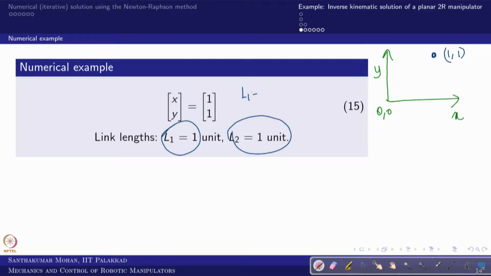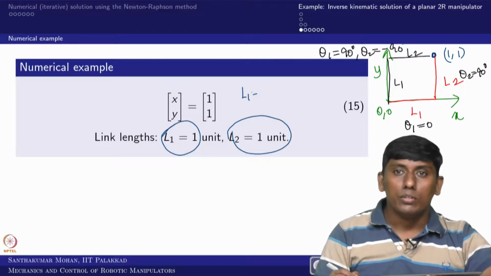You can easily see the possible solution is this is 1 unit and this is 1 unit, right. So L1 and L2 you can fix it this way. In that sense, theta 1 is 0 and theta 2 is 90 degree is one solution. The other solution is theta 1 is 90 degree and theta 2 is minus 90 degree is the second solution. So these are the two solutions which we have obtained.